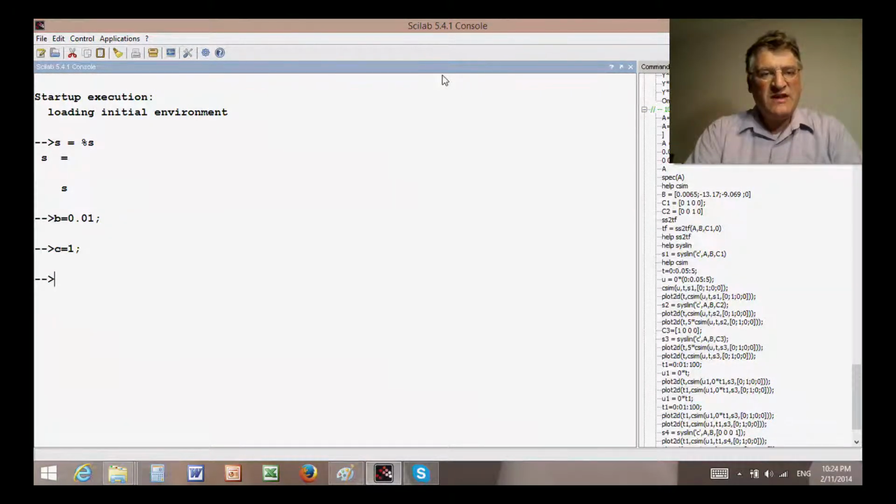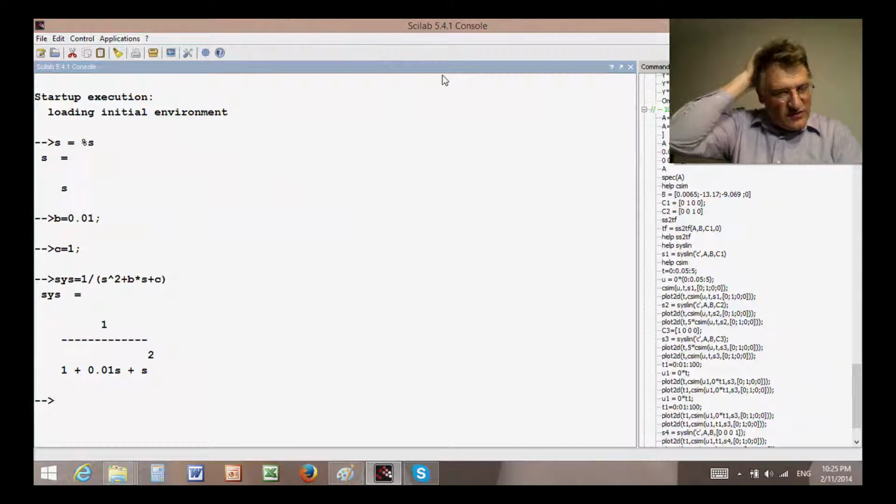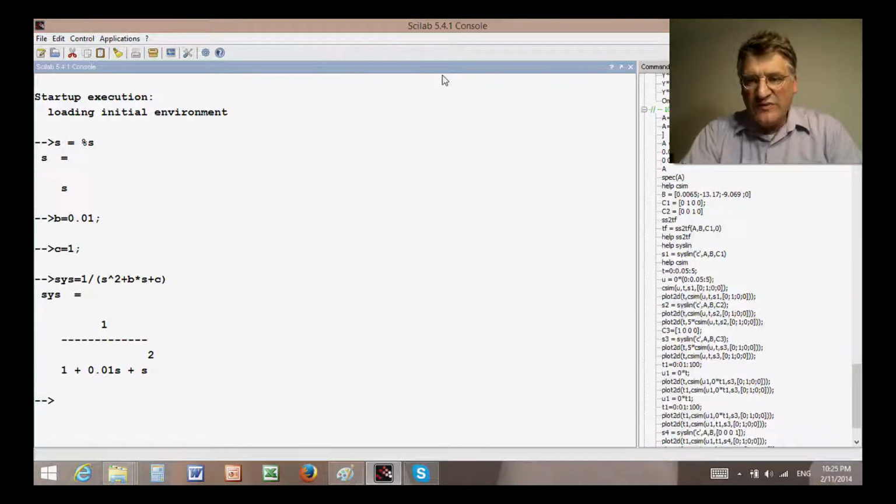Now, what we do is we define the system as 1 over s squared plus b times s plus c. So we have that, given our transfer function like this, and we would like to simulate that system.